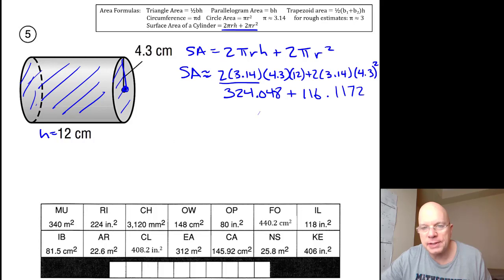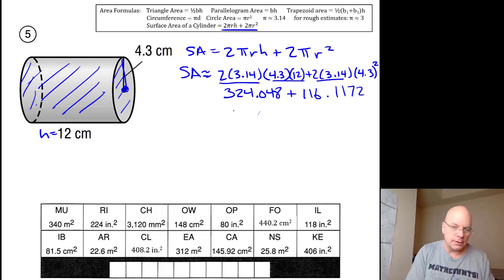This is approximately 6, this is approximately 50. 50 times 6 is 300. For the other, this is approximately 6 times 4.3 squared. I know it's going to be more than 16. I would just do like 20. I know it's got to be between 16 and 25, but 6 times 20 is 120, and I feel pretty good about 116 when I get 120 from my quick estimate.